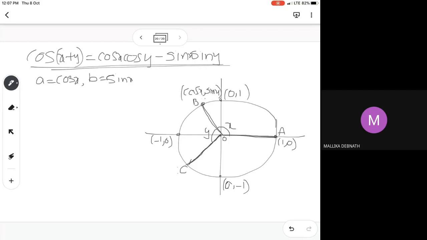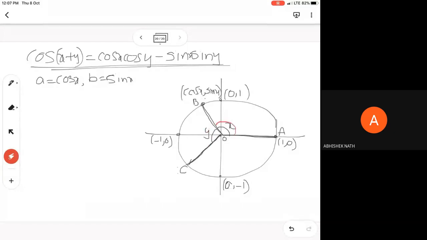From here to here, what is the measure of the angle? Anyone? Can you hear me?